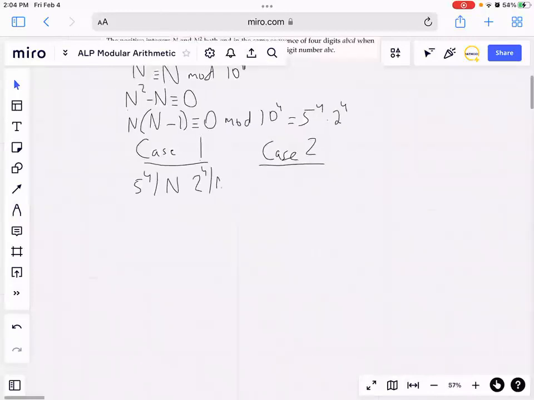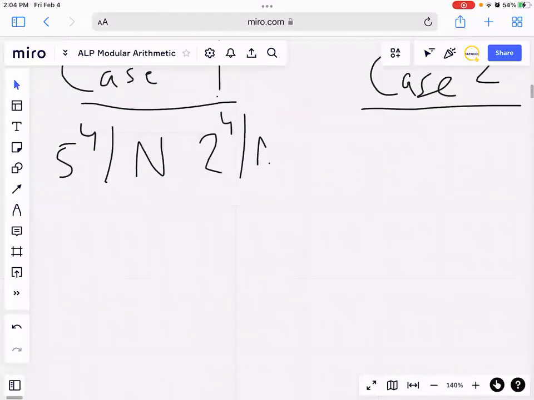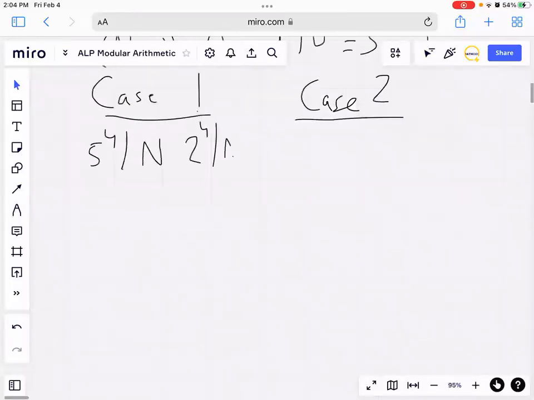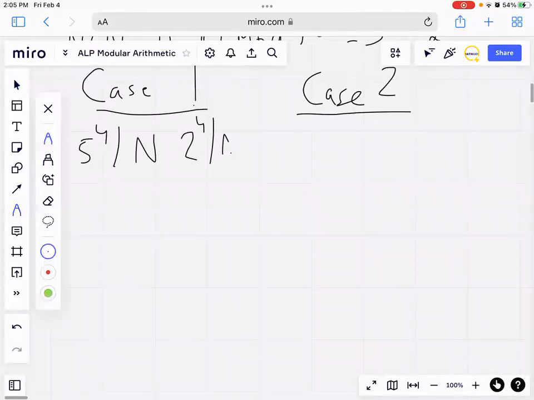So going back to our problem, in this first case, 5 to the 4 is a divisor of n, and 2 to the 4 must then be a divisor of n minus 1. So in this case, the first power of 5 to the power of 4 is 625, which means n minus 1 would be 624.